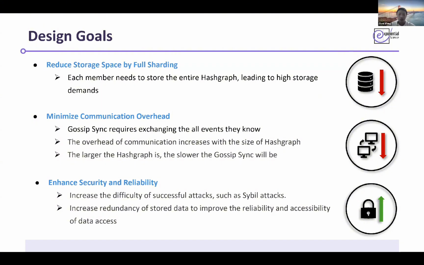Additionally, during the gossip sync process, transmitting the entire graph has substantial communication overhead, and this overhead grows as the network size expands. Finally, sharding can improve Hedera's security by making it harder for adversaries to launch successful attacks. By storing redundant data across shards, sharding increases data availability and enhances the overall reliability of the network.